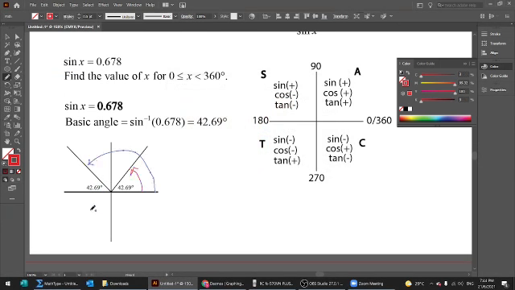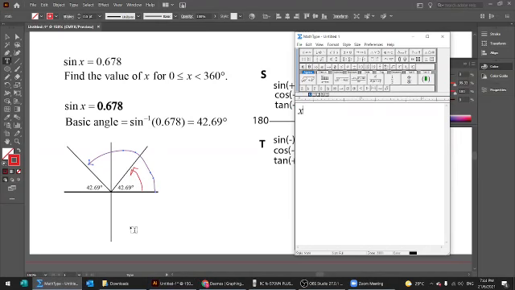So how do we find this angle? This angle is just from 0 to 42.69, so your first angle is x equals 42.69 degrees. The second one: you want to find this angle from here to here.